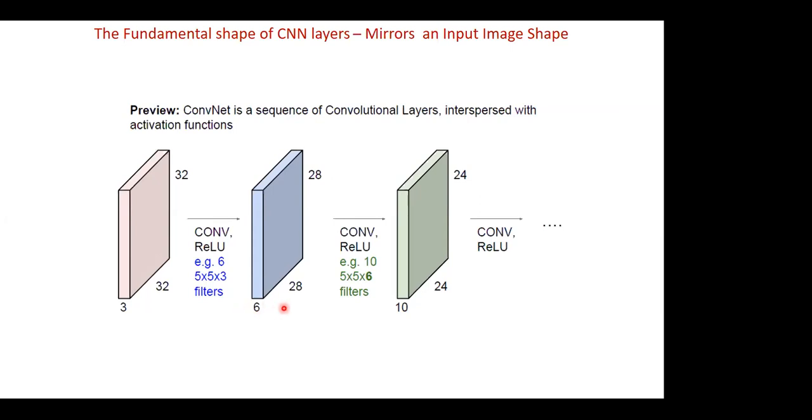Now if we have 10 more filters in the next layer, you'll have 10 as the depth of the next layer. Also, you can see that the size is gradually decreasing from 32 to 28 to 24, but the depth is more or less governed by the number of filters you have between each layer.